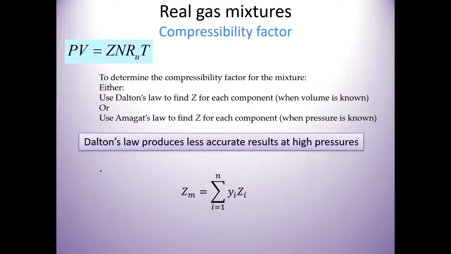So we're talking about real gas mixtures, the compressibility factor method. This is the equation that we're going to use. We have to find the compressibility factor for the mixture of gases.